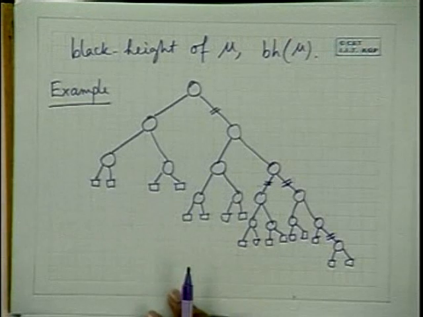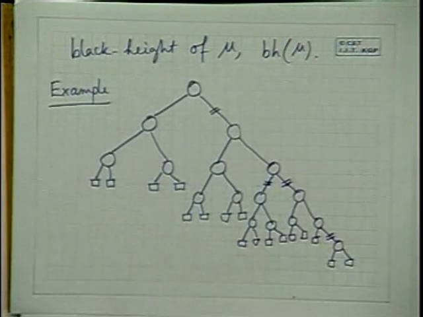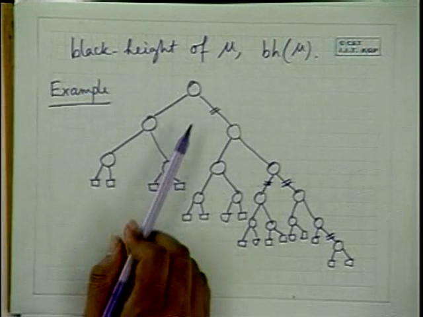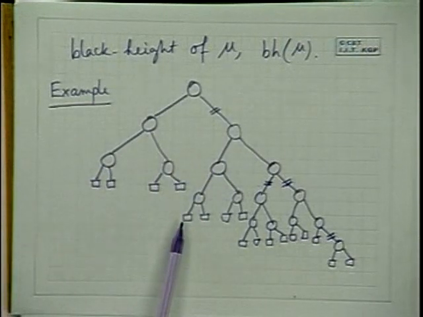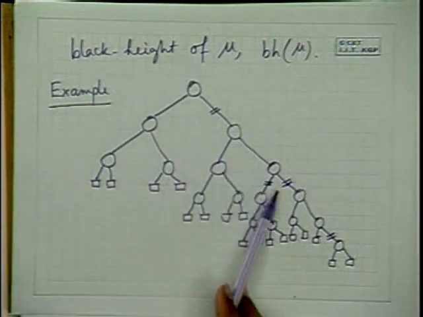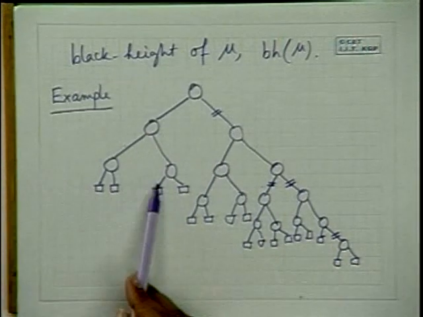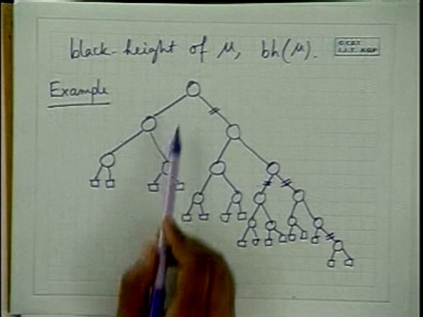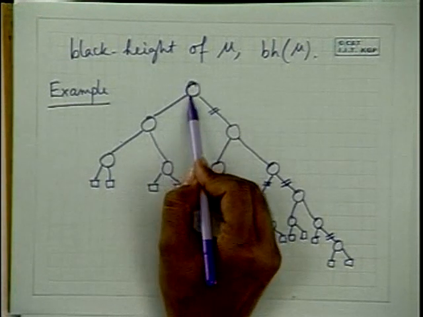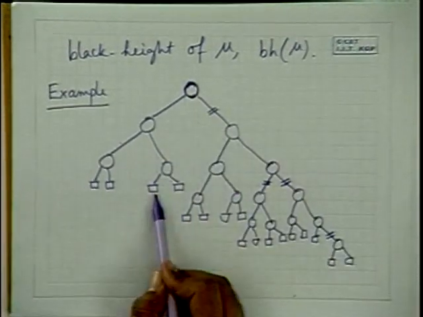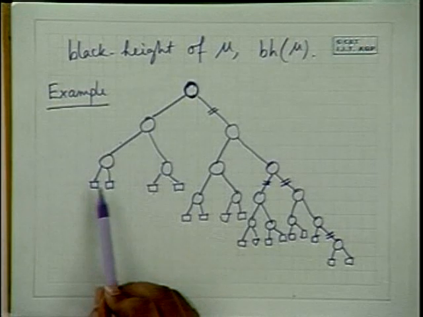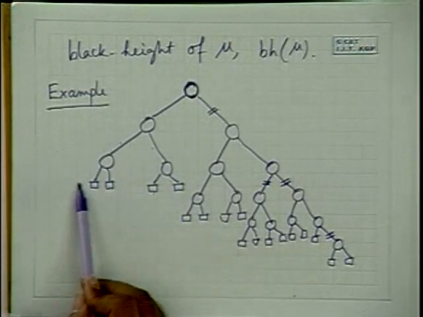Now this is a valid red black tree. You see all the three properties are valid. If you take any path to any leaf, there are no two consecutive red edges. All these are black. And not only that, if you take from the root to any leaf, the black height is the same, 1, 2, 3. Everything is 3, every leaf.